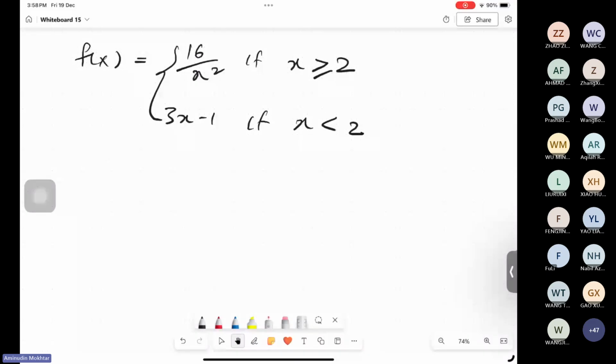We need to check whether the function is continuous or not continuous at this point when x equals 2. Okay, x equals 2 is the point we need to consider.